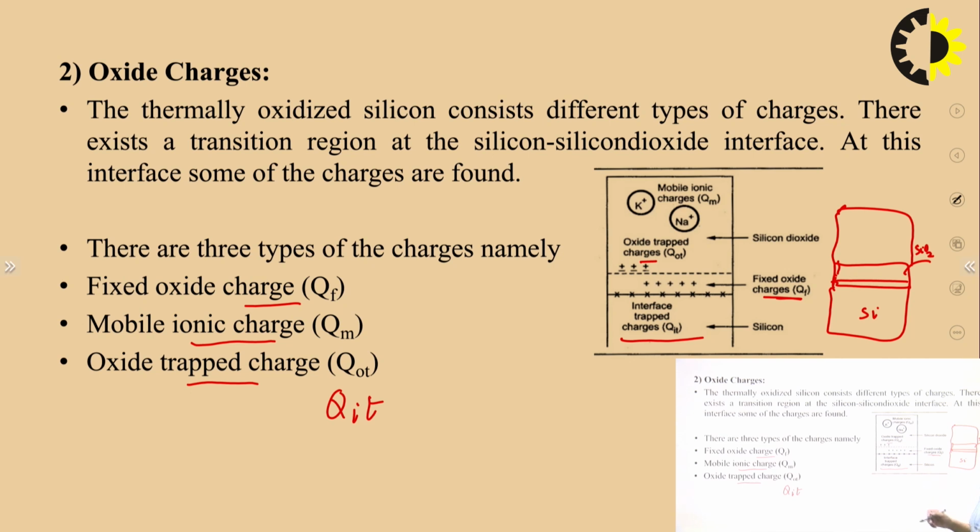So these are the charges we see in the silicon substrate and the formation of silicon oxide: interface trap charges QIT, fixed oxide charges QF, oxide trap charges QOT, and mobile ionic charges QM, right?